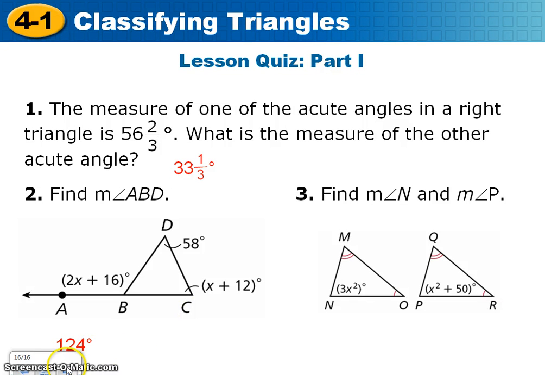And in number 3, the measures of N and P are both 75 degrees, and that comes from the third angles theorem. Angles M and Q are given to us as congruent, as are O and R, which means angles N and P are congruent. Set their measures equal and solve for x. Once we have the value for x as plus or minus 5, plug it back in, and we end up with both angles N and P being 75 degrees.